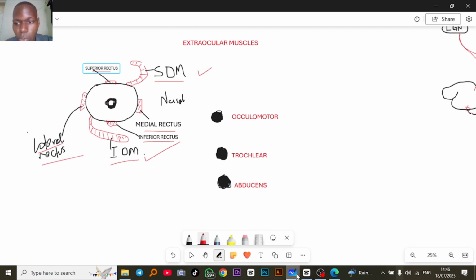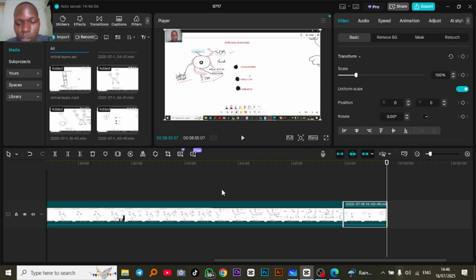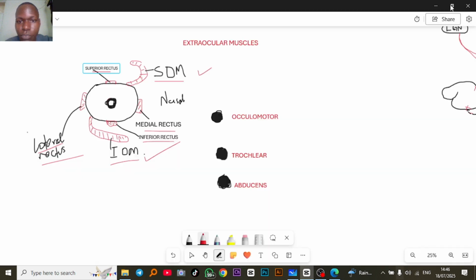So we shall go ahead and look at their innervation. So how they are innervated. I will try to erase some of these things we may not need that may distract us.